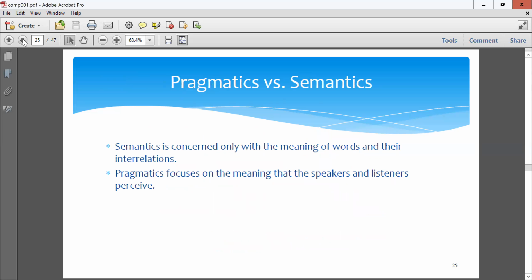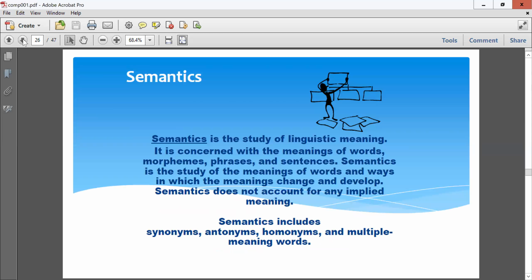Pragmatics versus semantics. Semantics is really only concerned with the meaning of actual words and their interrelations, whereas pragmatics takes into consideration the meaning that a speaker or listener may perceive. It's more perception than actual meaning. Here's a more in-depth definition of semantics.